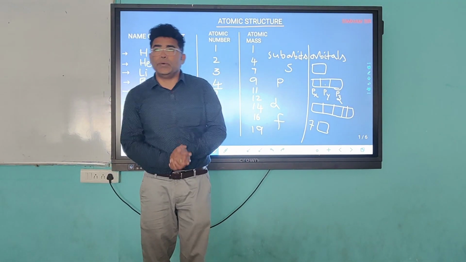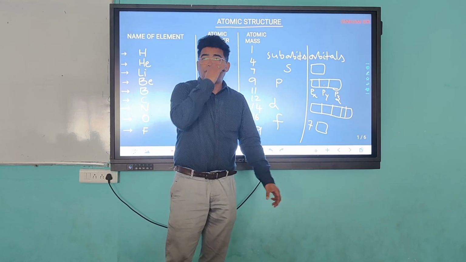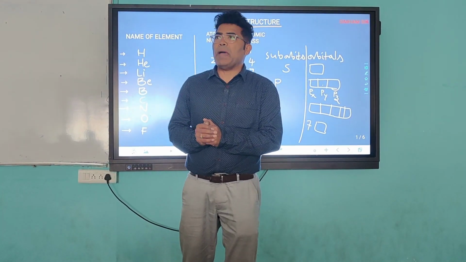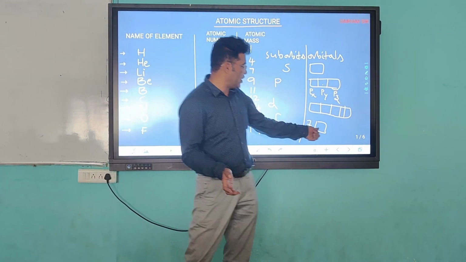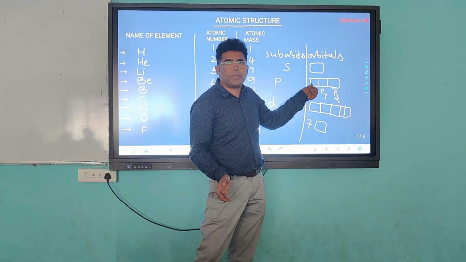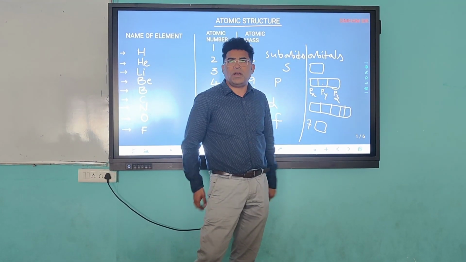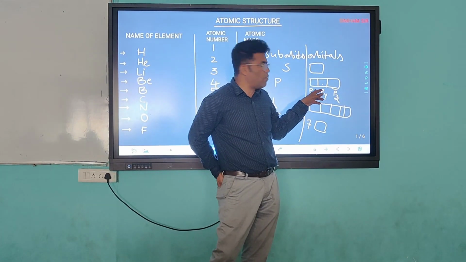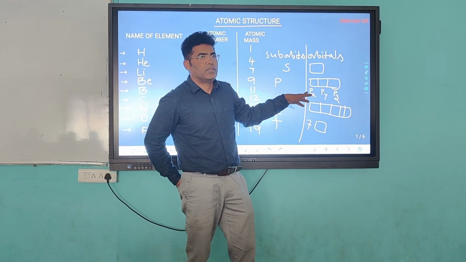Now orbitals contain electrons. Each orbital will give accommodation to a maximum of 2 electrons. Any orbital you take, either px orbital or py orbital or pz orbital, will accommodate 2 electrons.